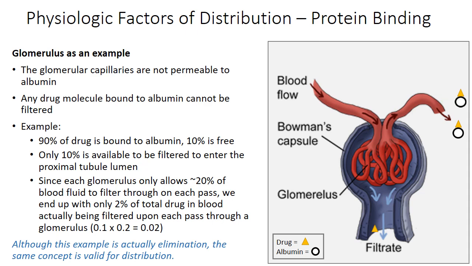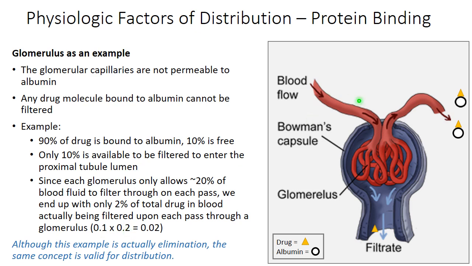So in this case, we end up with only 2% of total drug in blood actually being filtered upon each pass through a glomerulus. That means, because 90% is bound, only 10% is available. That's 0.1, but only 20% of that is filtered because it goes with the bulk fluid.